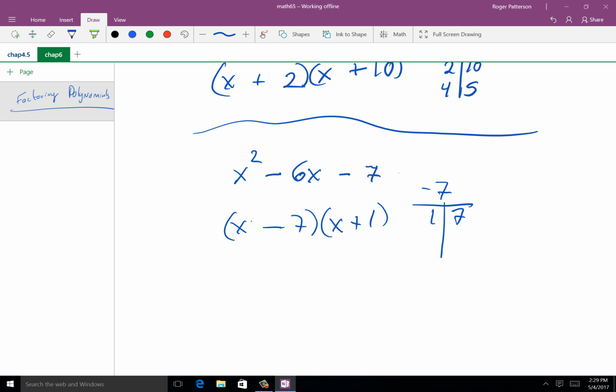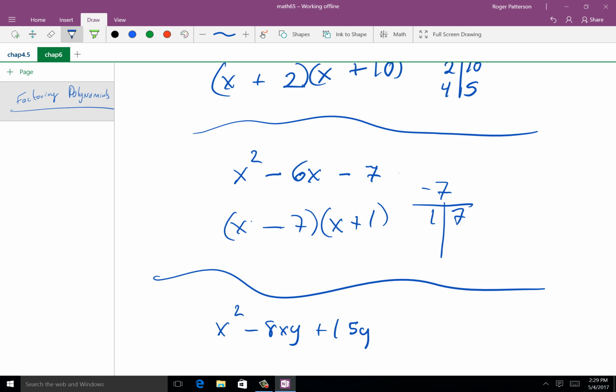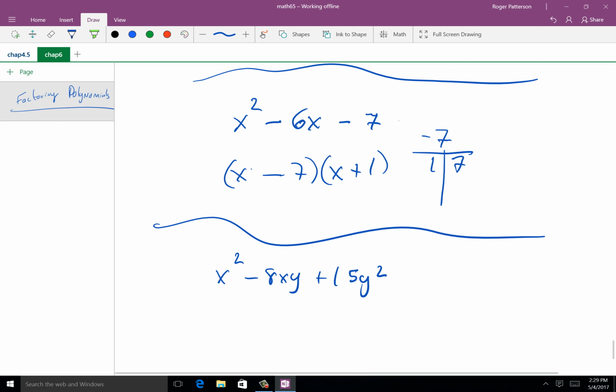Oh, well, let's do this one. Okay, so let's say we have one like this. Now, we don't want to get too tied up in the y's, okay, because it's all going to turn out anyway if we just continue to do the same thing.